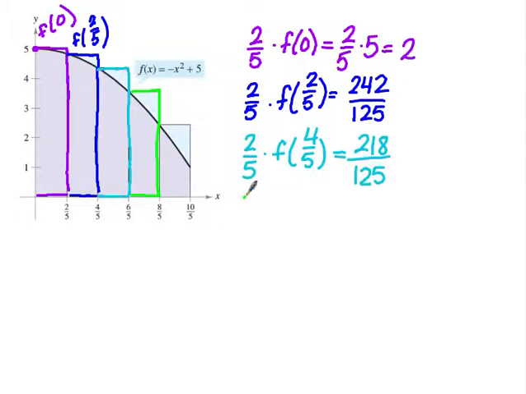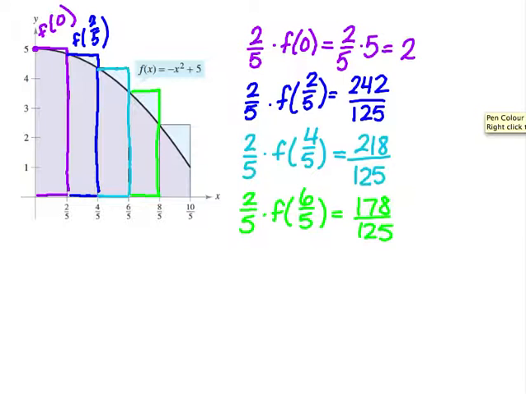F of 6/5. 178 over 125. Good. And then the last one. 2/5 times f of 8/5, which is, okay.